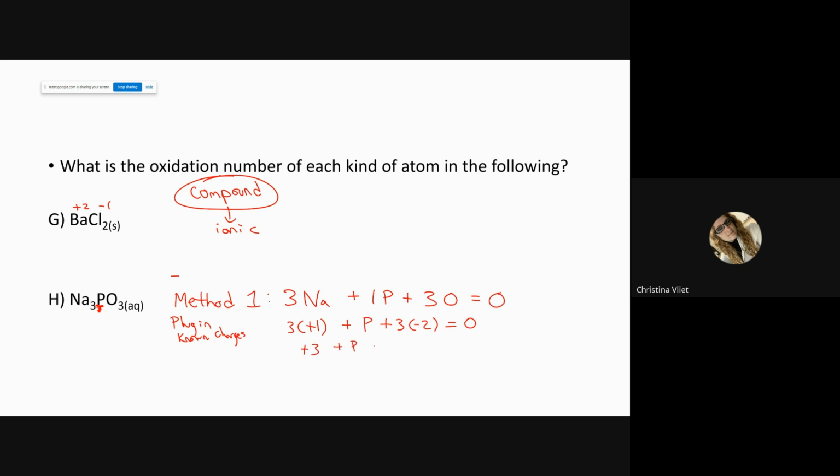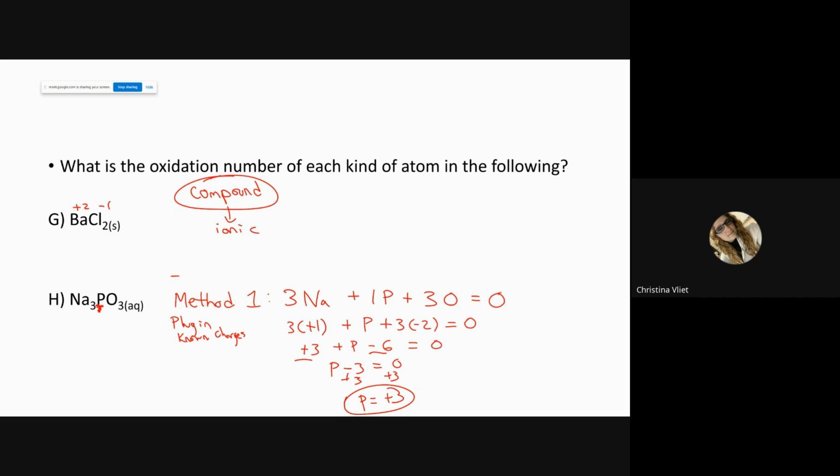And then 3 times negative 2 is negative 6. You've got to be careful with your work here. 3 minus 6 is negative 3. You're allowed a calculator, no shame. And your final answer here using method 1 should be positive 3. Definitely algebra. Method 2.